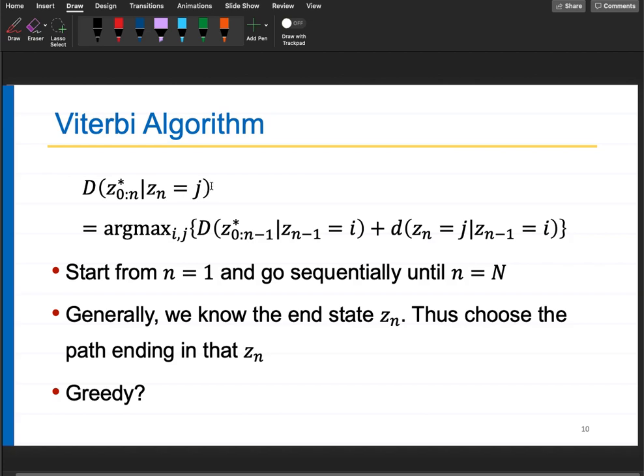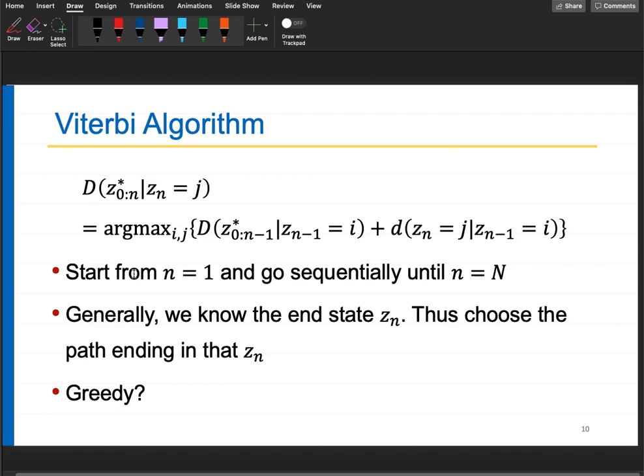So j can take value from, let us say, 1 to 3 or 1 to whatever number of states there are, 1 to capital K. And now, the probability to reach this one is, you consider all the previous nodes, Zn minus 1, over all the i's, make the transition to the new jth node, and in this way you find the argmax. Clear? So whatever we discussed pictorially, now this is the mathematical representation. So the basic idea is start from n equal to 1 and go sequentially until n equal to capital N.